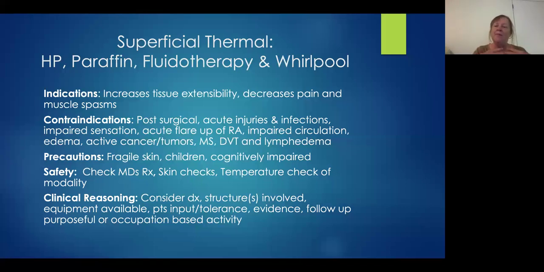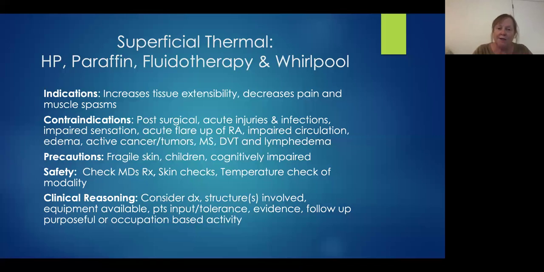And just think about your clinical reasoning as you are selecting the right physical agent modality. So again, when I think of superficial thermal, I'm thinking heat modalities, and I definitely would use that for somebody who has a tight shoulder or a tight elbow joint. I'm going to put heat on that joint to try and increase the tissue extensibility.